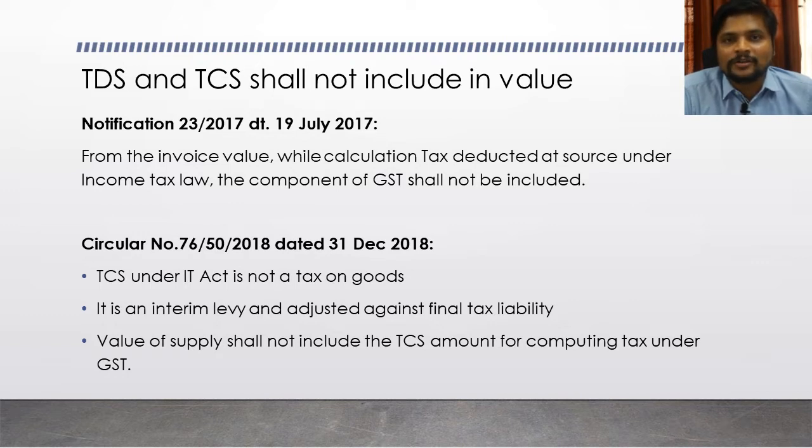Then the total invoice value will become 118 rupees. If the applicable TDS rate is 10%, the question is whether the 10% will be on 118 rupees or on 100 rupees. This particular notification clarifies that TDS has to be calculated only on the base value. The GST component should not be included for computing the TDS.